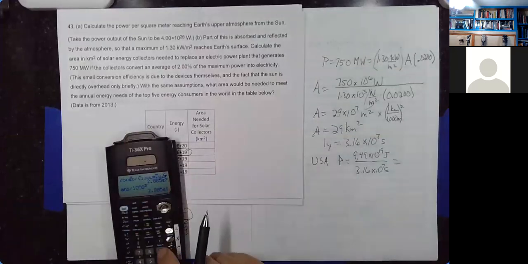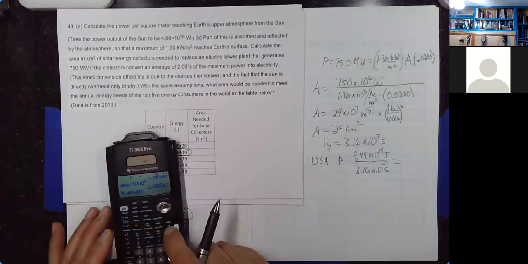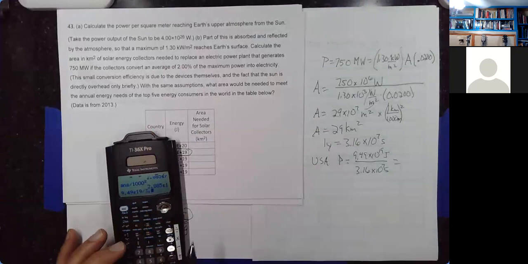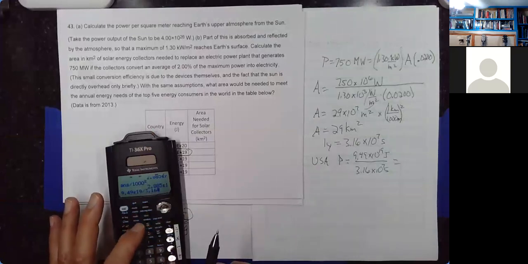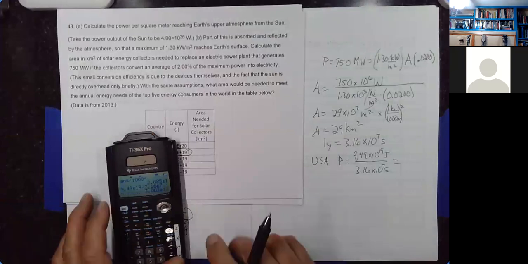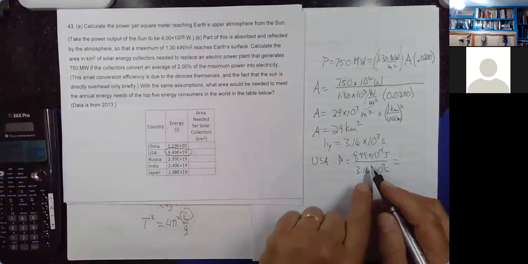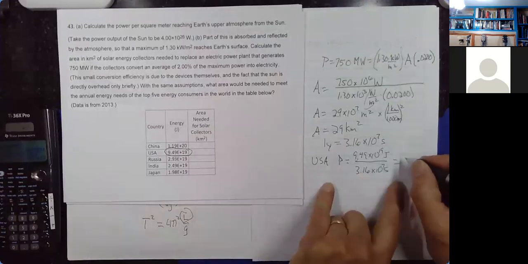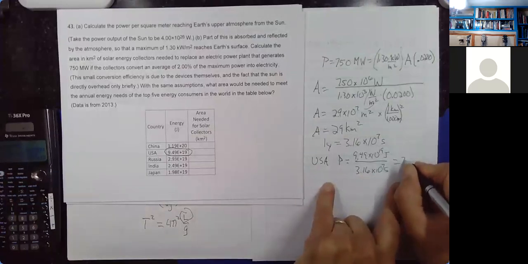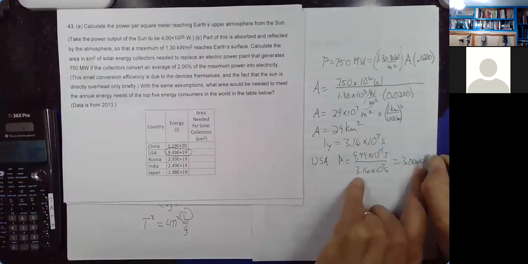Okay, now in this case, we can actually keep 3 significant figures in our results. So we'll have 3.00 times 10 to the 12th watts.